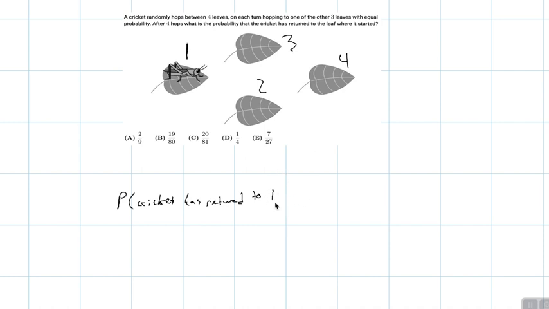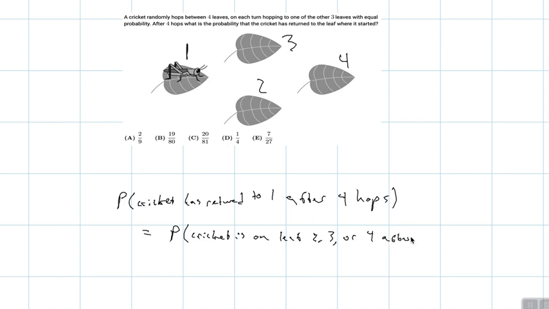So the probability the cricket has returned to leaf 1 after 4 hops is equal to the probability the cricket is on leaf 2, 3, or 4 after 3 hops, times the probability the cricket would end up back at leaf 1 from leaf 2, 3, or 4, which is a 1/3 probability. So if we can find that, we're good.